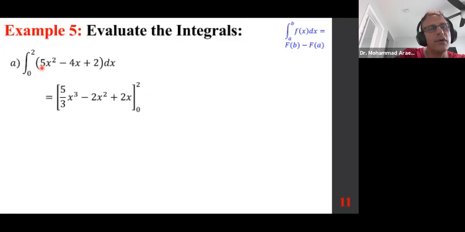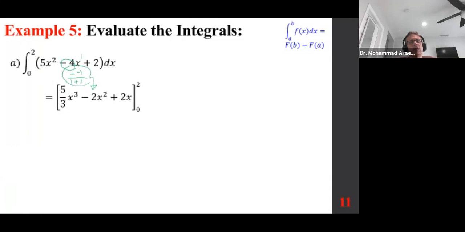So again, 5, the exponent is 2, add 1, 5 thirds. This one, again, I will show you, this one is negative 4. So you say negative 4 divided by the exponent is 1, so 1 plus 1 results in negative 2x squared plus 2x. So let's plug in.